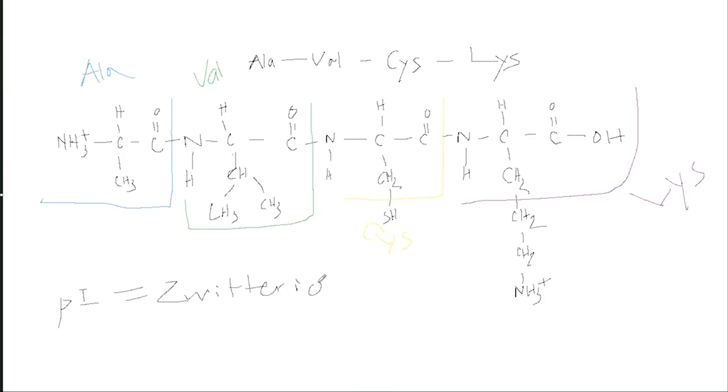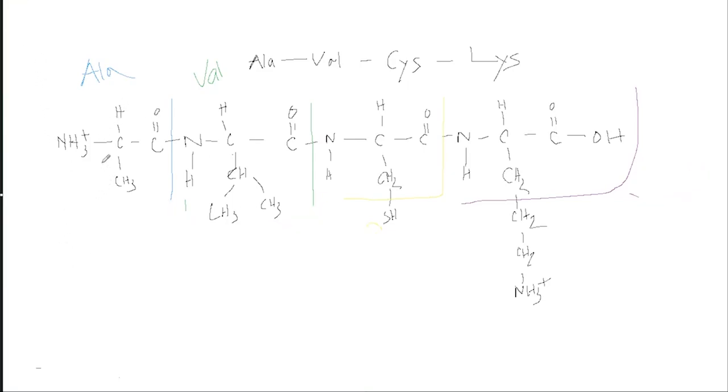The zwitterion is what makes the pI of any amino acid or even proteins. What is the zwitterion? For a zwitterion, the net charge must be 0. So even if the amino group has a +1 or the carboxylic group has a -1, it must all come down to a net charge of 0, right?